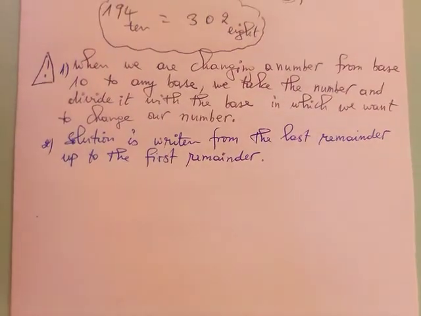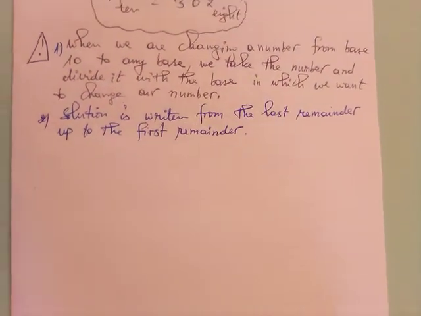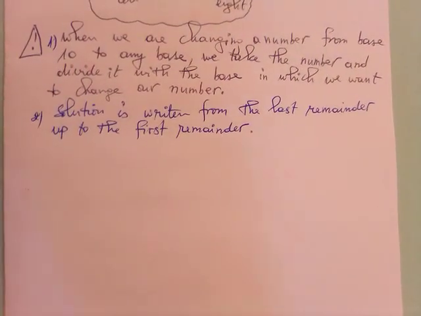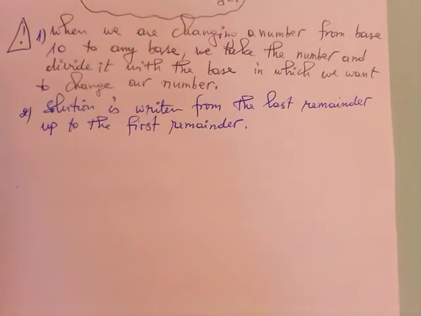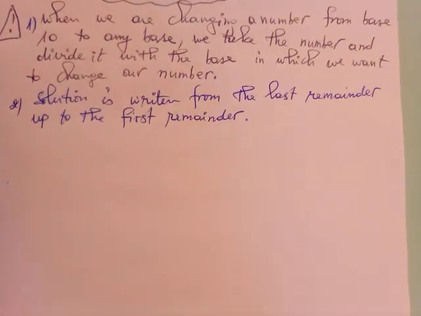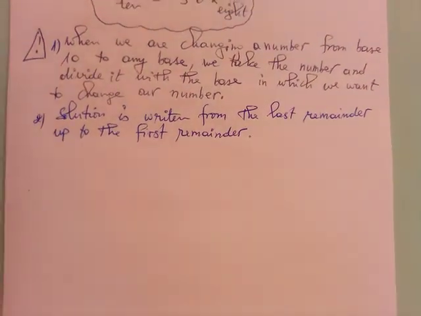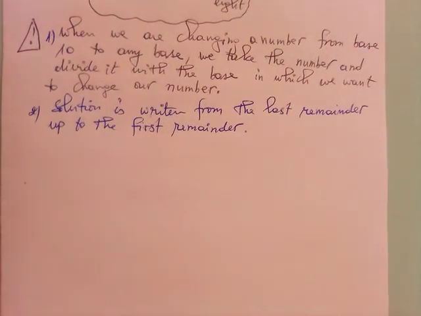We have seen examples. Now keep this in mind, and no number will be difficult for you to change from base 10 to any other base you will be requested.